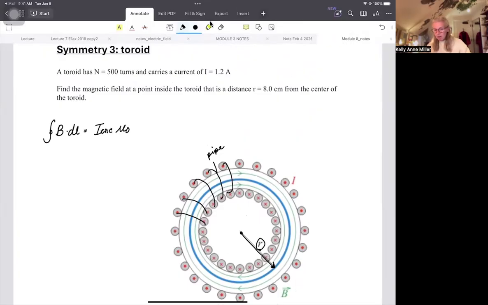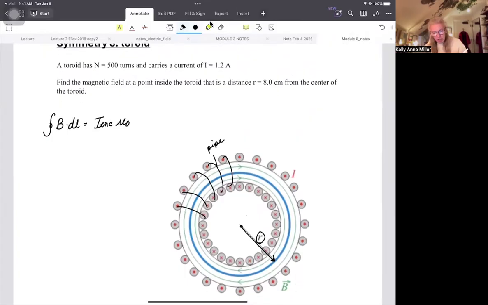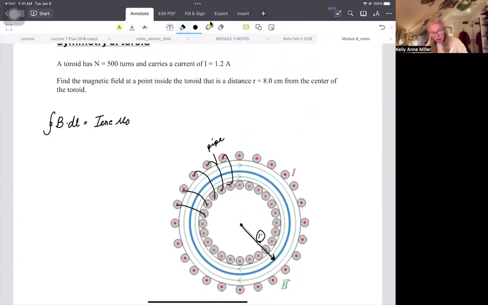I'm going to draw my Ampérian loop such that, let's say I want to know what the magnetic field is right at this point here, right where I drew the dot, because that's R. So this blue line here would be my Ampérian loop. Okay, so the dotted line is my Ampérian loop.